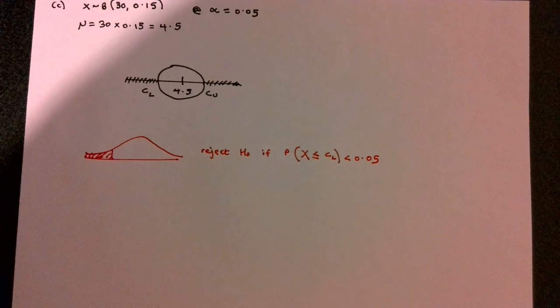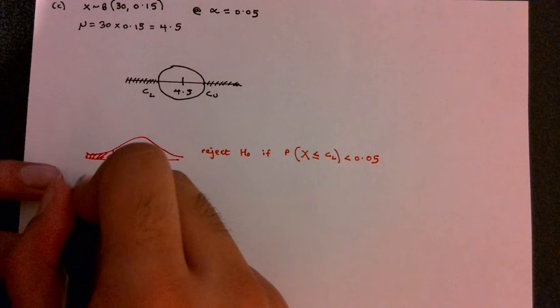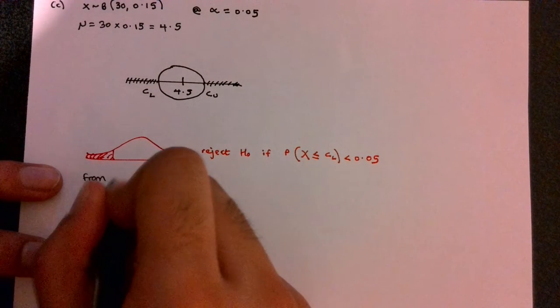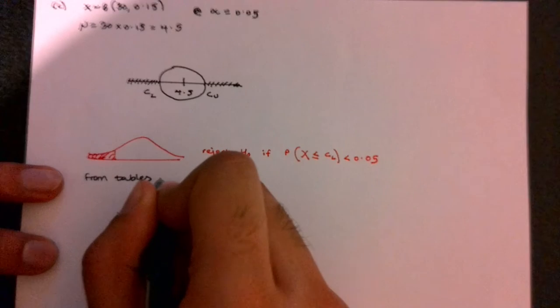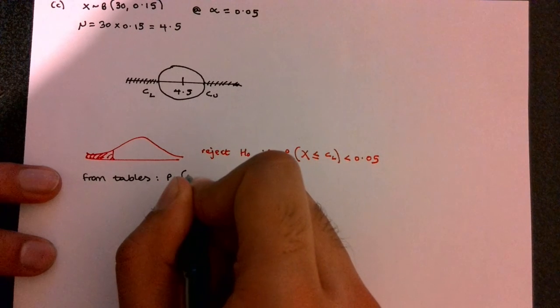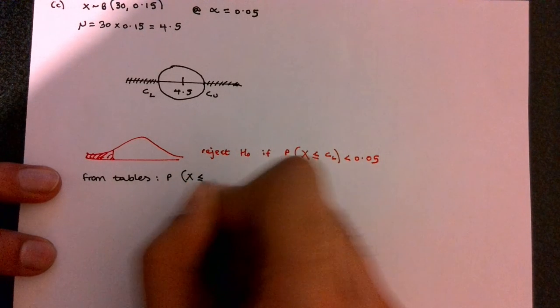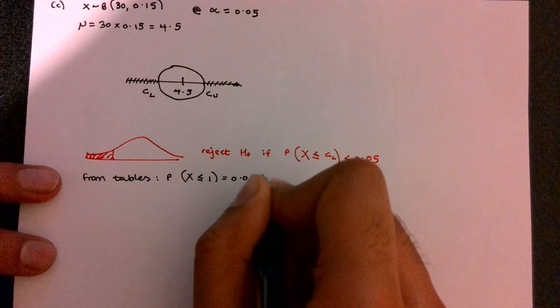So we can say from the tables, the probability that x is less than or equal to 1 is equal to 0.0480.